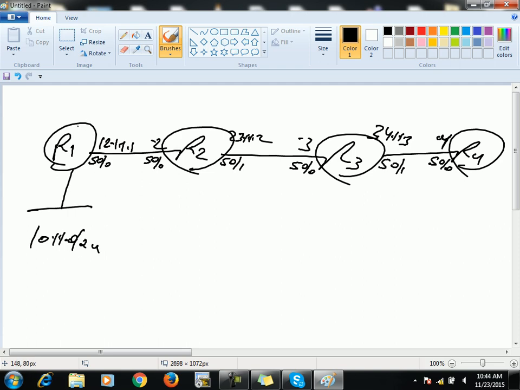So let's say that R1 is giving this prefix to R2, and we are assuming now that MPLS is running in this network. R1 will generate, let's say, a label 10 for this prefix.